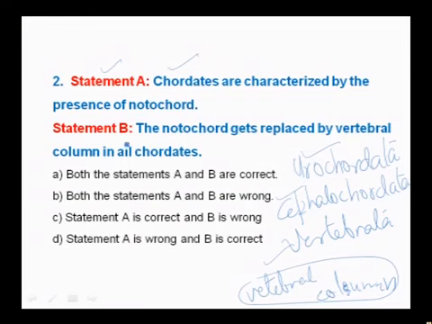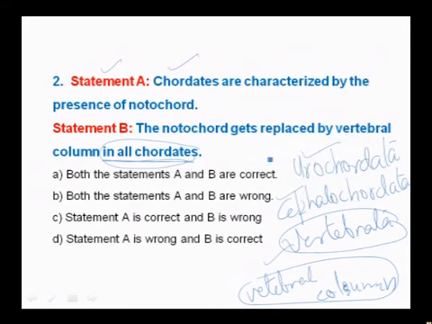Now let us analyze statement B once again. The notochord gets replaced by vertebral column in all chordates. This statement is misleading. The notochord gets replaced by vertebral column only in Vertebrata. It will not get replaced in Urochordata or Cephalochordata.